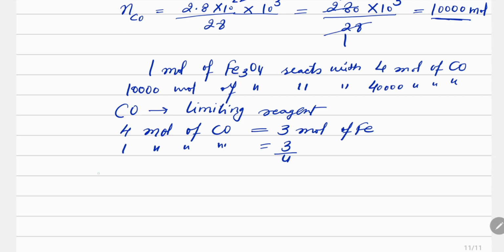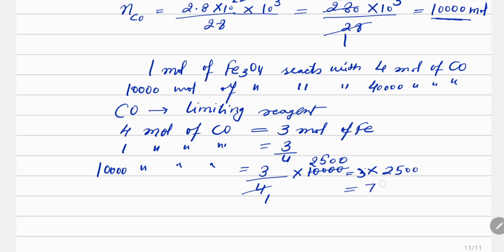And 10,000 moles of carbon monoxide will give 3 divided by 4 multiplied by 10,000, that is 3 multiplied by 2,500, which equals 7,500 moles. We are talking about moles of iron right now.